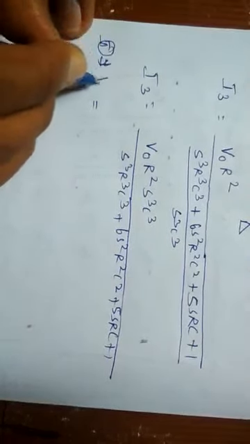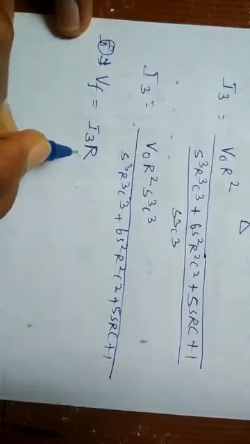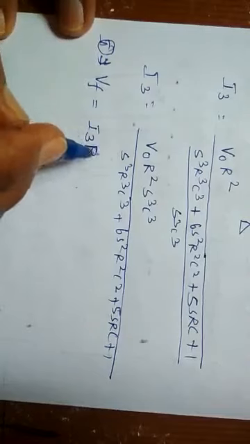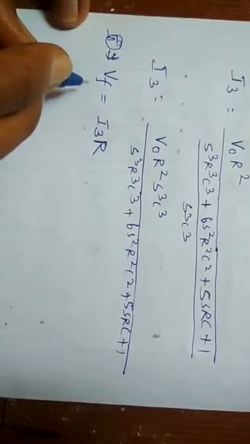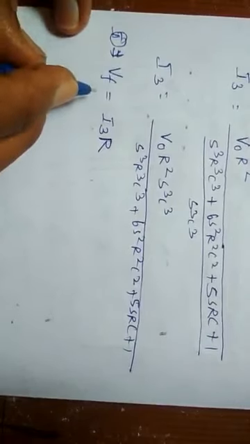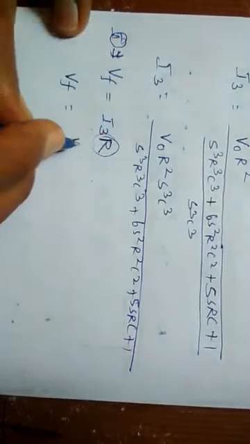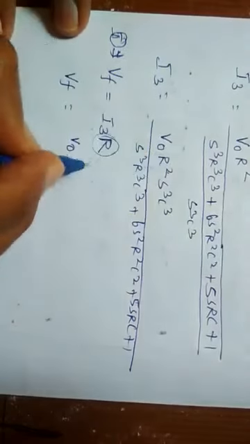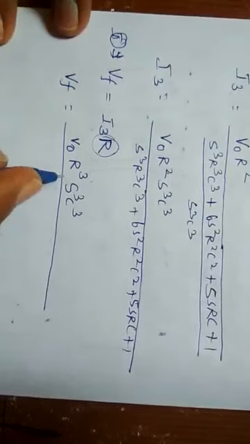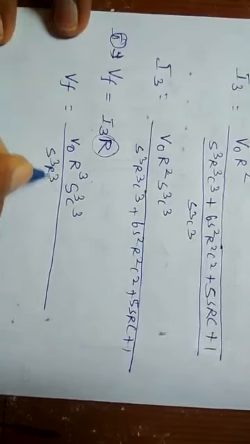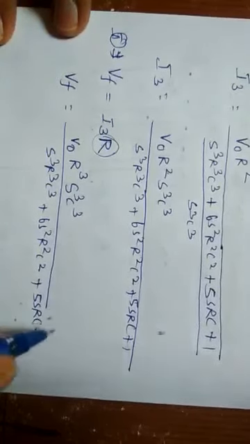From Roman letter 2 we have Vf, the output of the feedback, is I3 into R. So by using this, the above equation for I3 becomes, if you change that to Vf, then I3 must be multiplied by this R. So you can multiply this equation with R. So this R squared becomes R cube S cube C cube divided by S cube R cube C cube plus 6S squared R squared C squared plus 5 SRC plus 1.